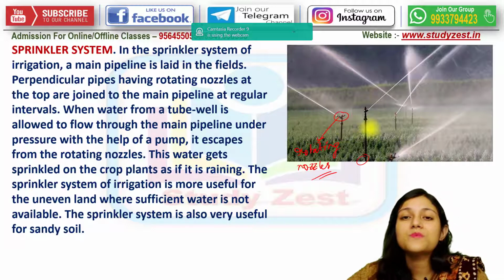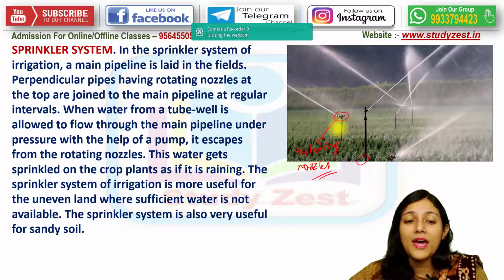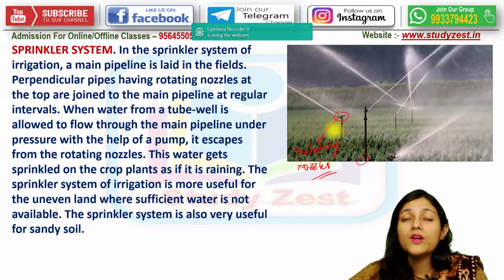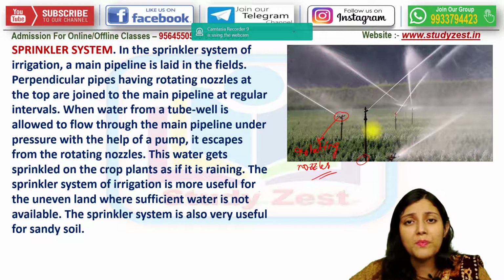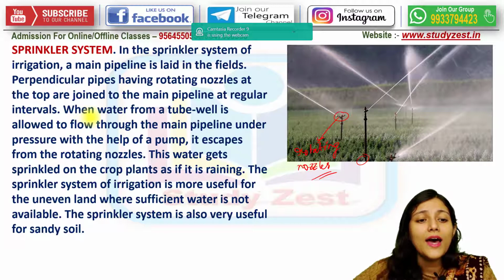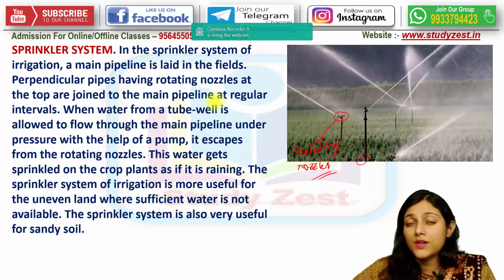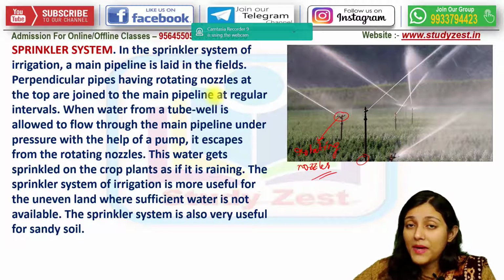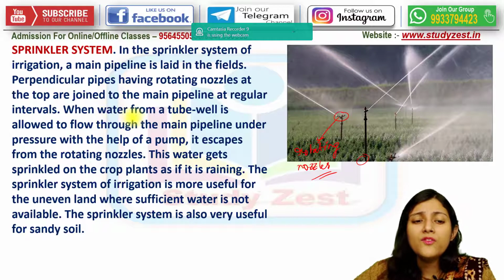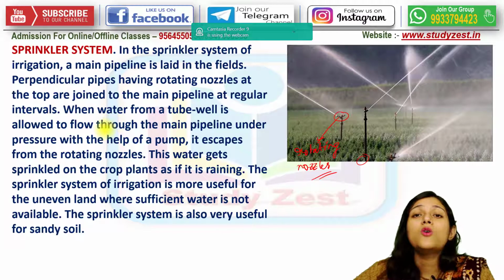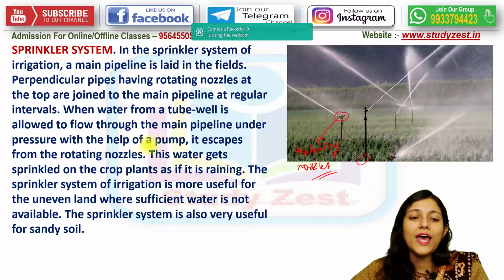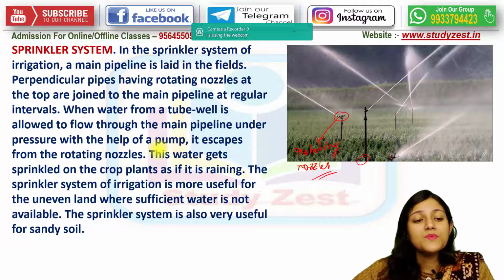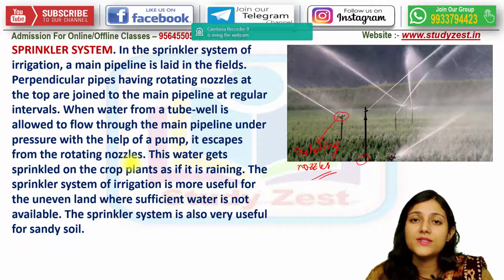You can see in this picture that these perpendicular pipes are not placed together; they are placed with a gap between them, right? And they are connected to the main pipeline. When the water from a tube well is allowed to flow through the main pipeline under pressure with the help of a pump, it escapes from the rotating nozzles.